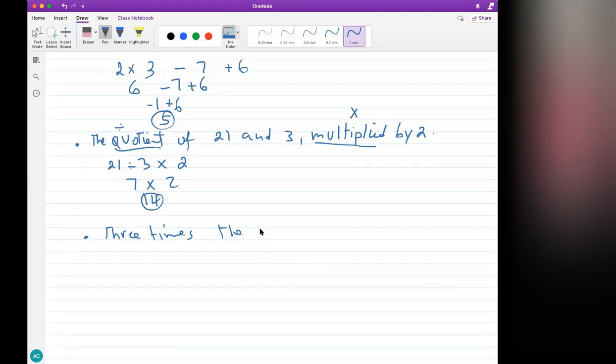3 times the difference, rather. Difference of 7 and 5, okay, 3 times the difference of 7 and 5, plus 12.